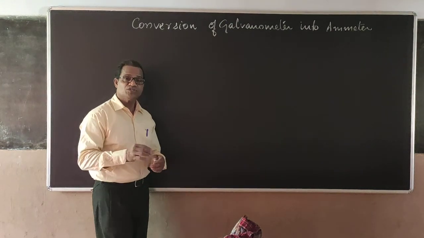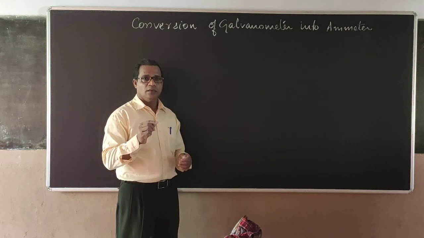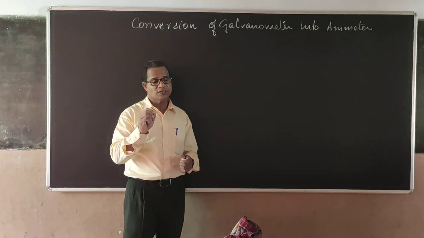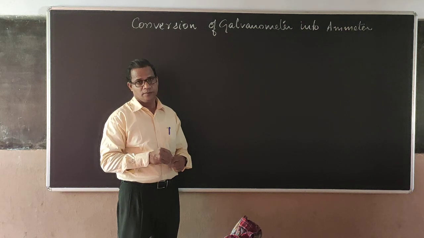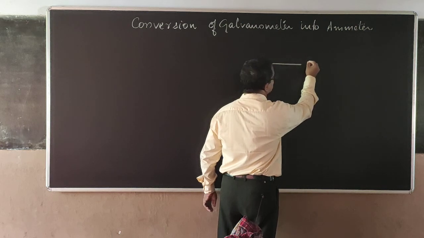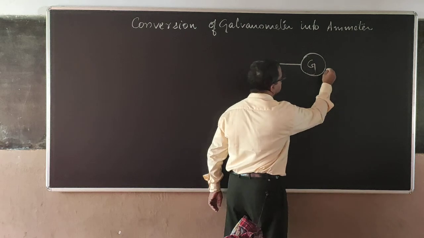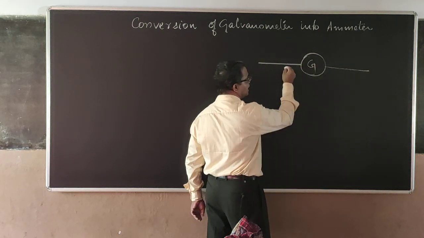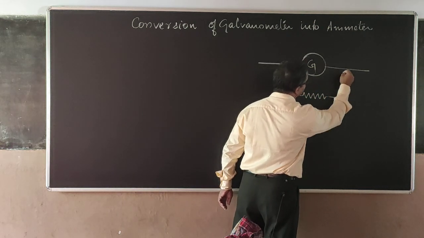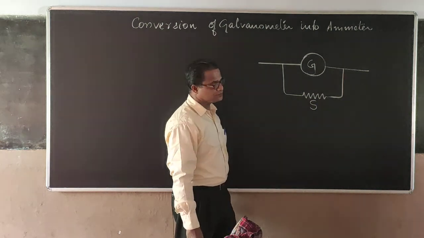So, an ammeter is basically a very low resistance device. An ideal ammeter will have zero resistance. To convert a galvanometer into an ammeter, I have a galvanometer and I connect a very small resistance parallel to it.